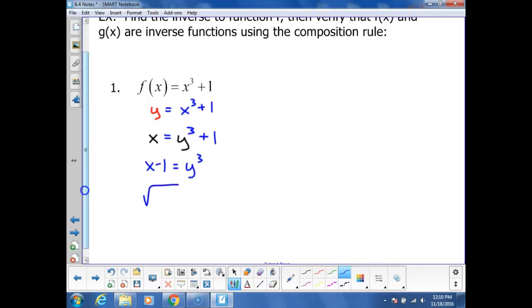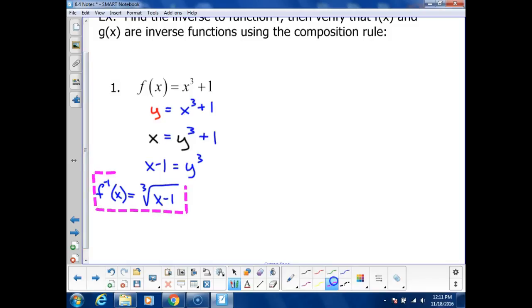Take the cube root of both sides. Okay. Now I wouldn't write that as y because I'm just going to rewrite it as the inverse of x. Okay? So that's the first part. The first part was find the inverse.